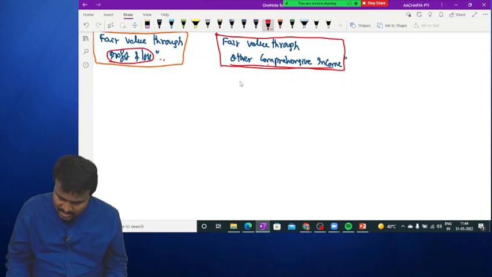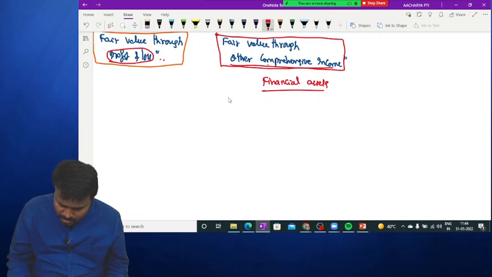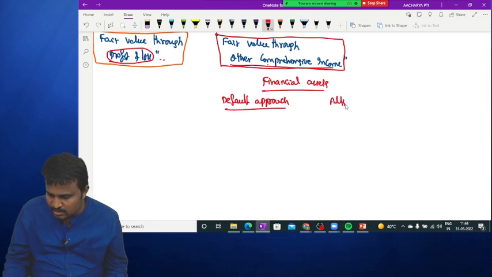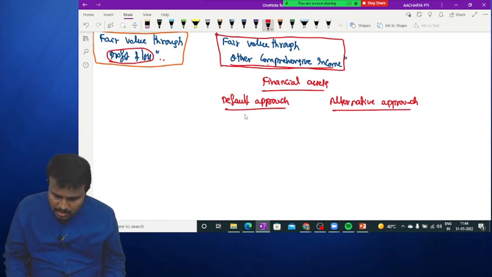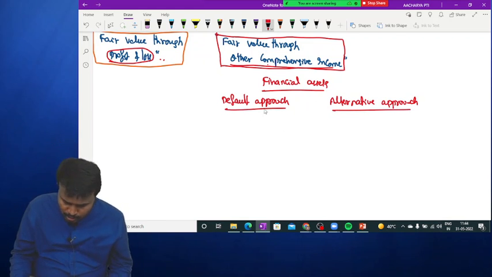So two elements are there relating to the financial assets. The first approach is the default approach, and another one is what? Alternative approach, right? I hope everyone follows me. So default approach and alternative approach, and this is called as what?